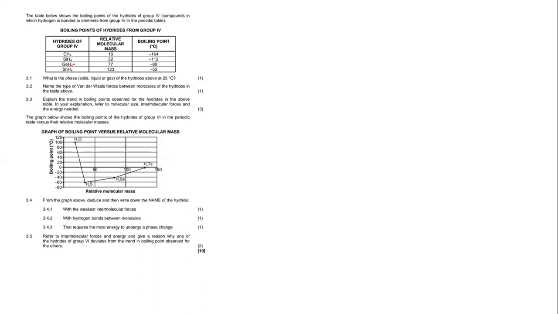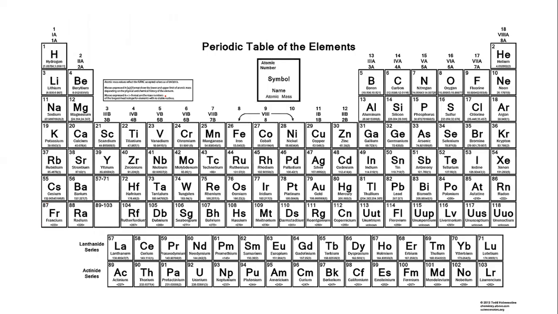When you go back to your periodic table, you will see the group 4 elements that we are going to talk about: carbon, silicon, germanium, and tin.